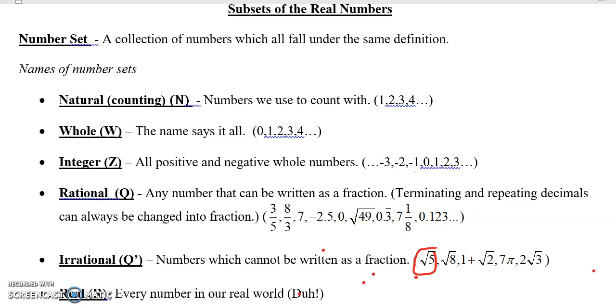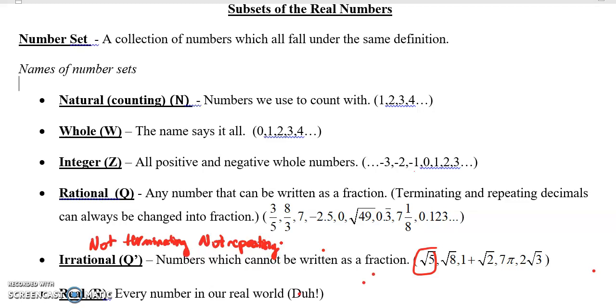In other words, it would not terminate. But also, the pattern you would see would never repeat. So for irrational numbers, these are not terminating and not repeating.